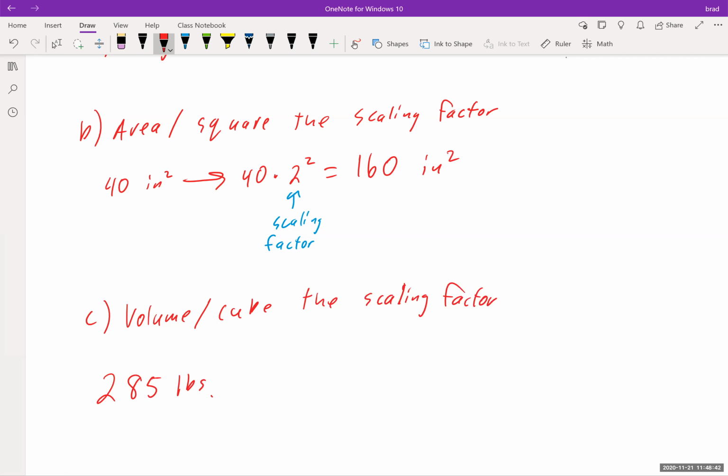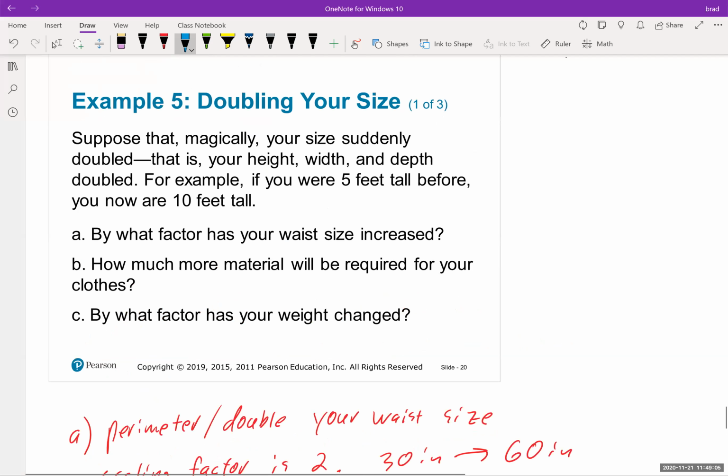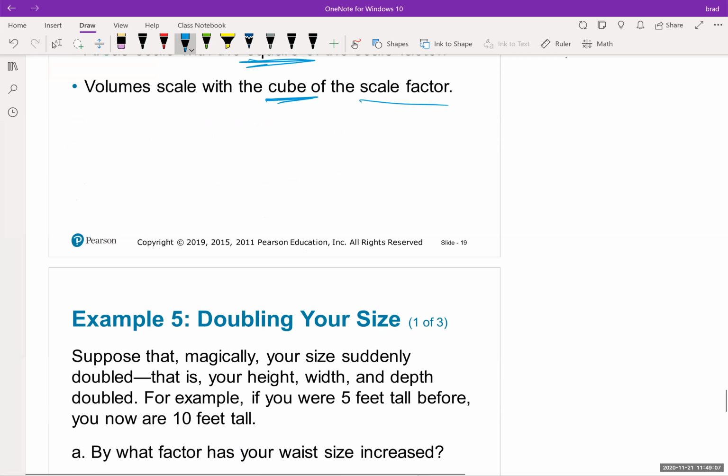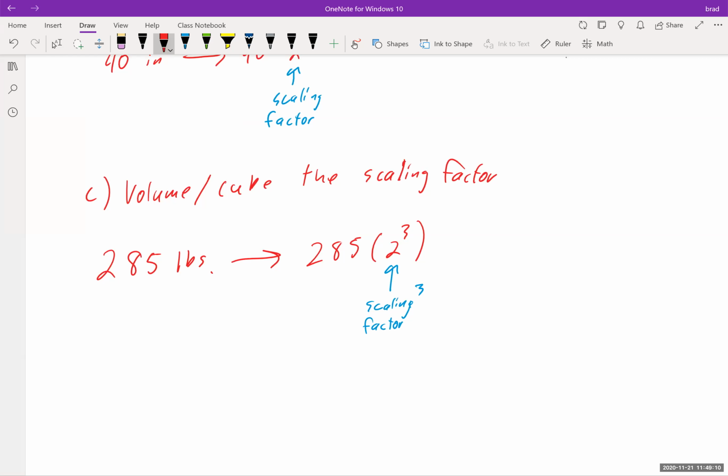If I doubled in size, I would have to take 285 times 2 cubed, because the scaling factor, once again, is 2. They say right here, cube the scale factor. So I have to do 285 times 8, because 2 cubed is 8.